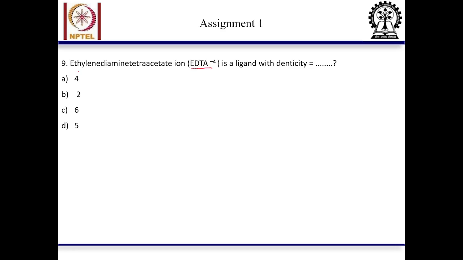Suppose we are calculating the hardness of water, there we basically use the EDTA. So what is the EDTA? It is ethylene diamine tetraacetate ion. Suppose we are forming this calcium EDTA. How does the structure look? We have calcium in the center, we have nitrogen, so this is ethylene diamine.